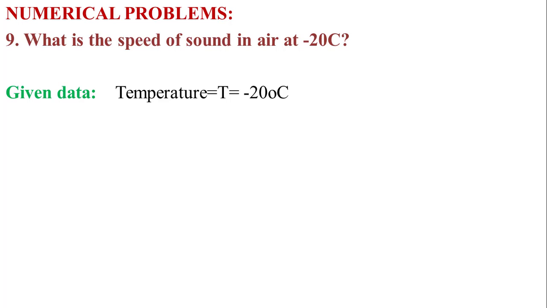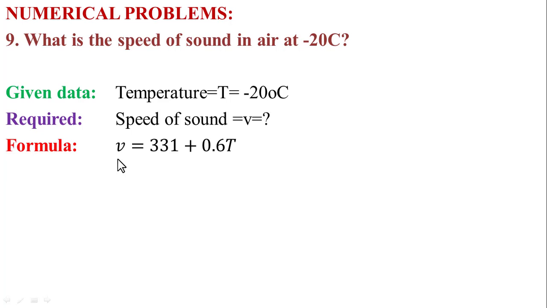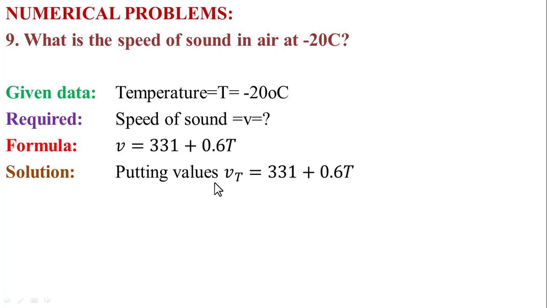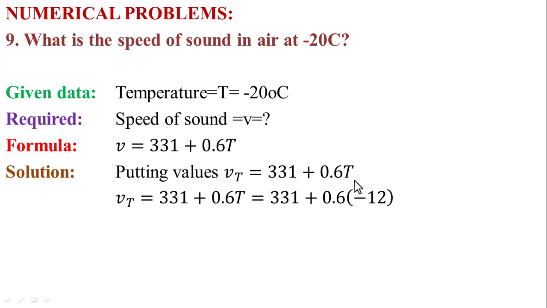Write the given data: temperature T is equal to minus 20 degrees Celsius, and required is the speed of sound V. We find it using the formula V is equal to 331 plus 0.6 multiplied by T. Putting the values, Vt is equal to 331 plus 0.6 into minus 20, which is minus 12.